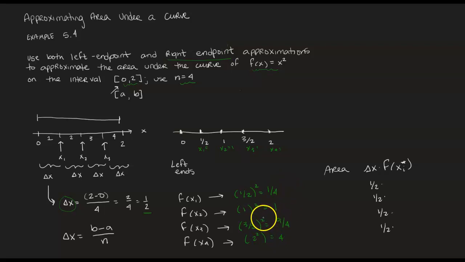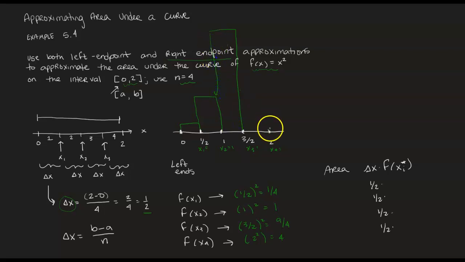And we can draw our rectangles now that we have the heights for them. So this time, for this first interval, we don't have a rectangle of 0 height. We have a rectangle with height of 1/4. For the next interval, we have a rectangle height of 1. Next interval, we have that really tall rectangle, height of 9/4.